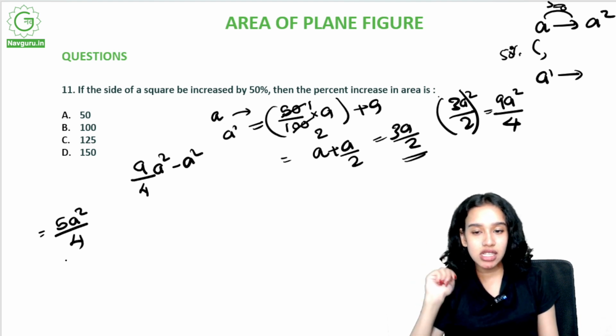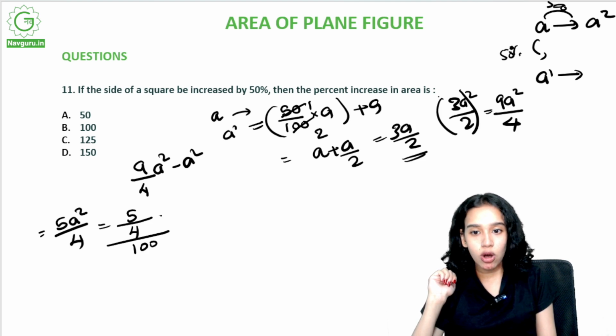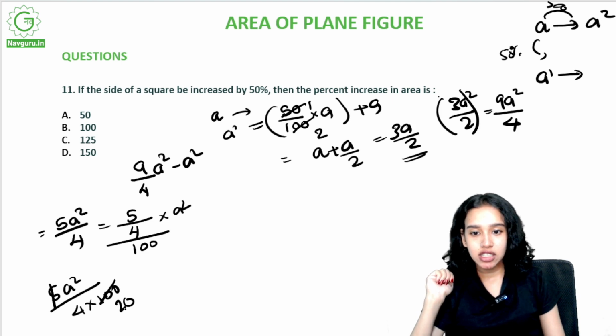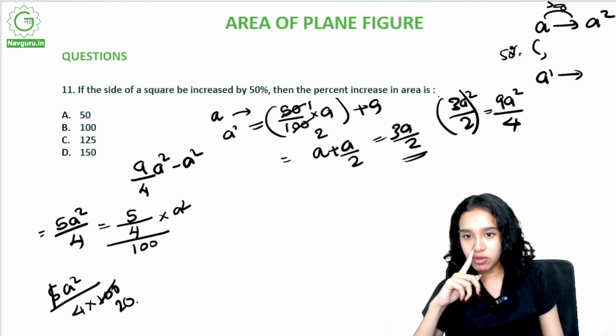This is the increase. So let's find out what this is in percent. So 5 by 4 by 100 of A square, right? Now this becomes 5A square by 4 into 100. So 5 and 100 cancels out to be 20. So 4 into 2 is 8. So A square by 80 would be the answer.